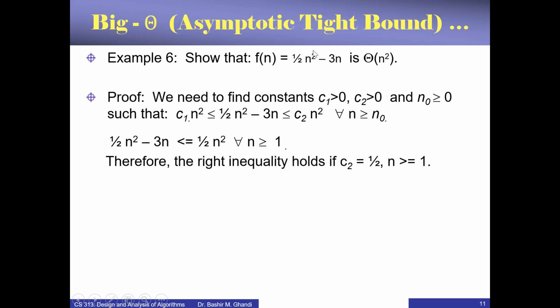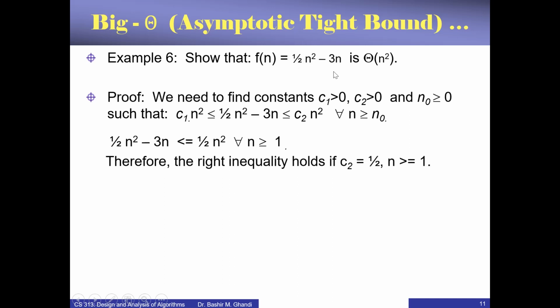it's not enough to just say half n squared is less than or equal to half n squared minus 3n. It will not be correct actually, because we are subtracting something from half n squared.